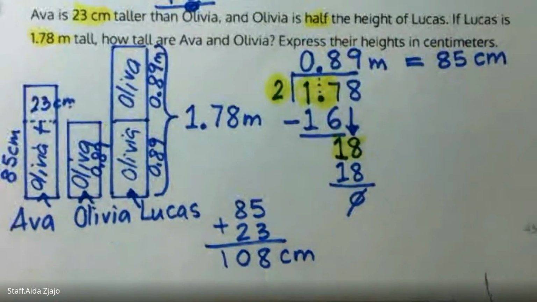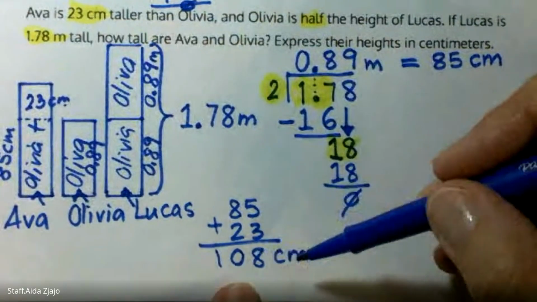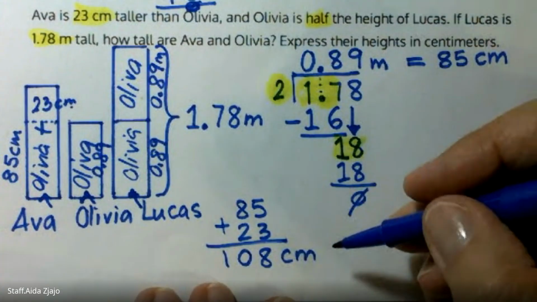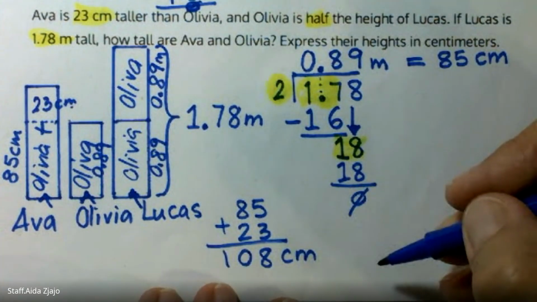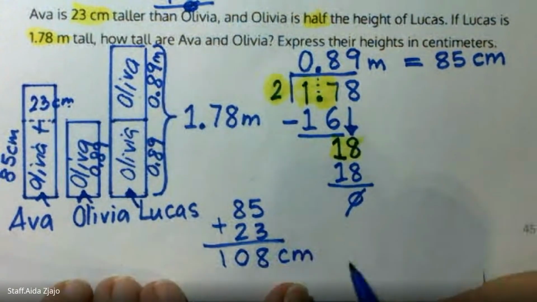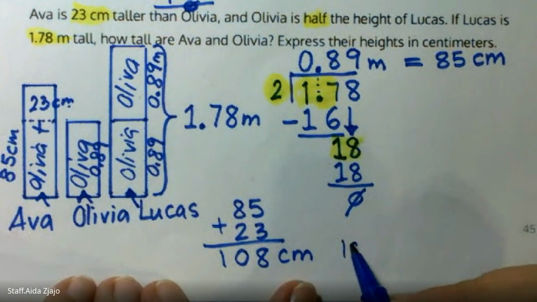When we think about that 108 centimeters, 1 meter is 100 centimeters. So in here you have 100. So if you look at this, you can say 108 divided by 100.